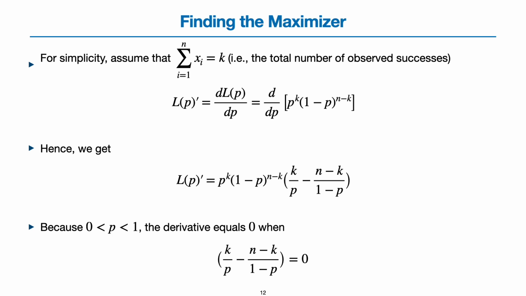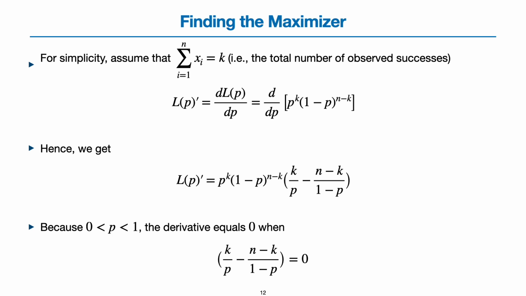And in this case, if we assume that the total number of observed successes is k, right? So we have p to the power of k, 1 minus p to the power of n minus k, and you take the derivative of this with respect to p. So this gives us the derivative of the first term times the second term, plus the derivative of the second term times the first term. And then you can simplify this.